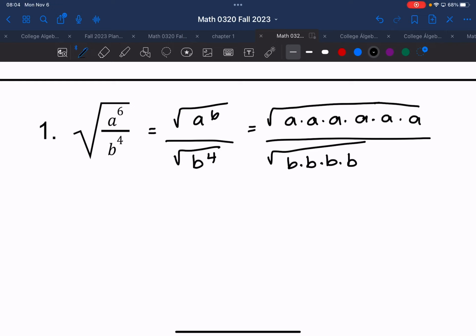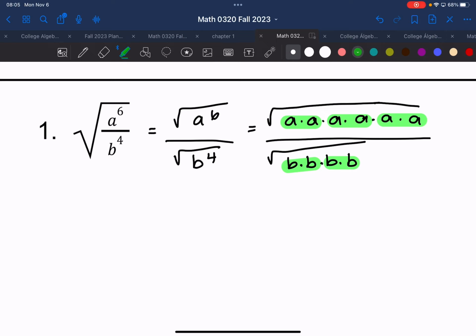Since we are dealing with the radical square root, that means we're going to be circling pairs of what? 2. Okay, so I have a pair of 2 here for the a's, another pair of 2, and a third pair of 2. How many pairs of 2 do I have for the b's? 2.